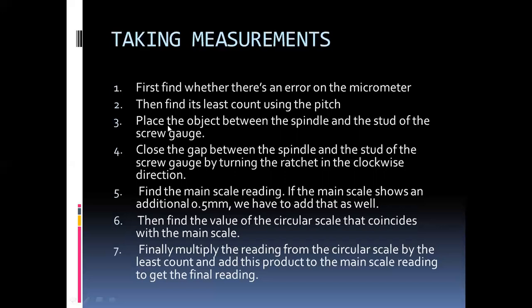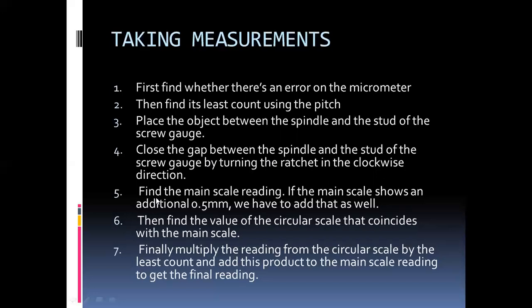Now, step number 3 is we will place the object whose thickness or length is to be measured between the spindle and the stud of the screw gauge. Then close the gap between the spindle and the stud by moving the circular scale and the thimble or the ratchet in the clockwise direction.